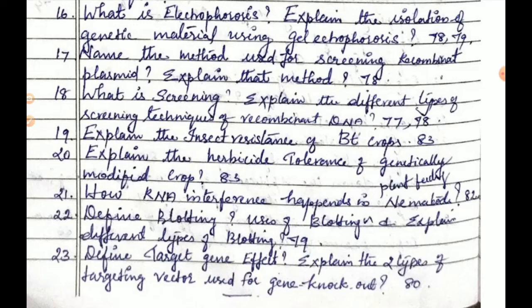The two types of targeting vectors are, first, insertion vector. Point number 1: Insertion vectors are entirely inserted into the target locus as the vector is linearized within the homology region. Initially, those vectors are circular, but during insertion they become linear.